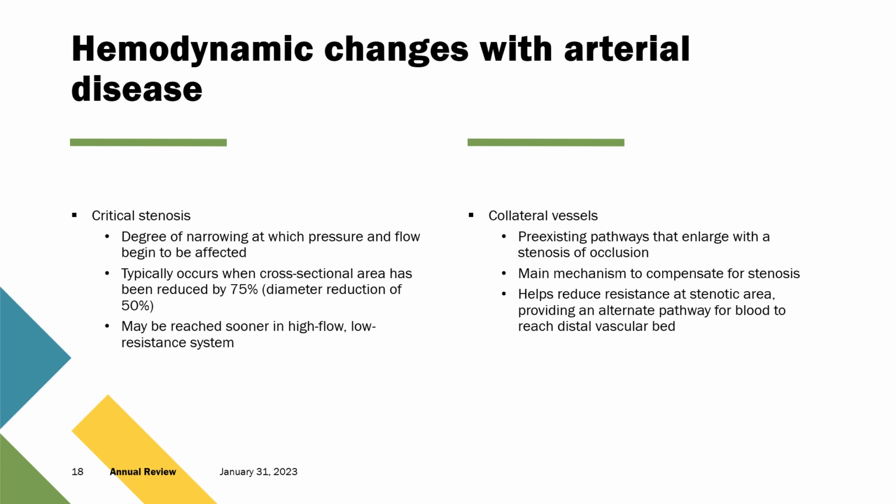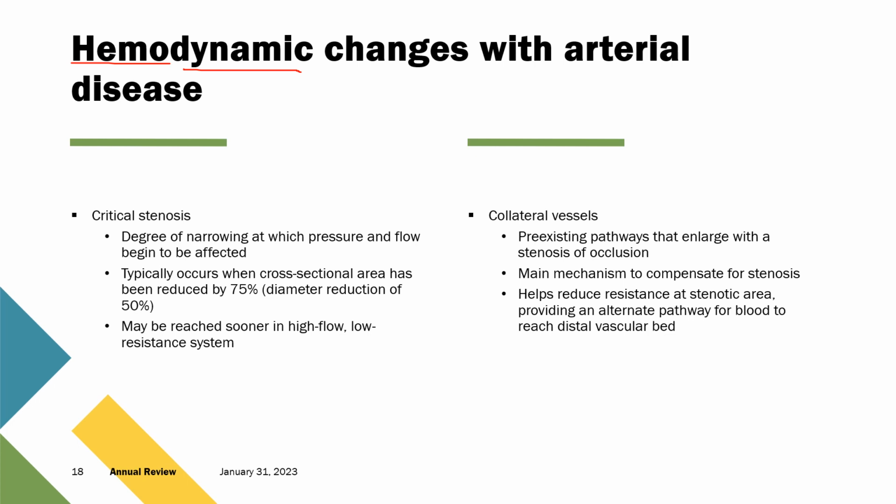Once that has been achieved due to the sclerotic events, that's when you start seeing those hemodynamic effects. So hemo meaning blood, dynamic meaning changing. That would be changes in how our blood moves throughout the vessel.